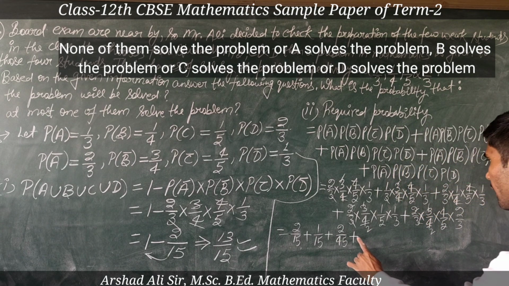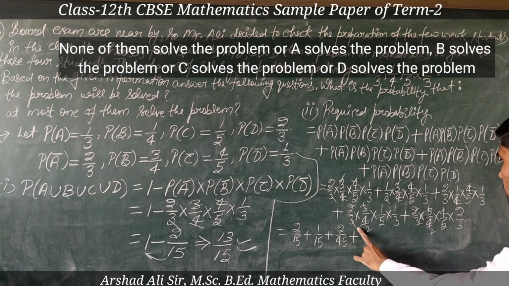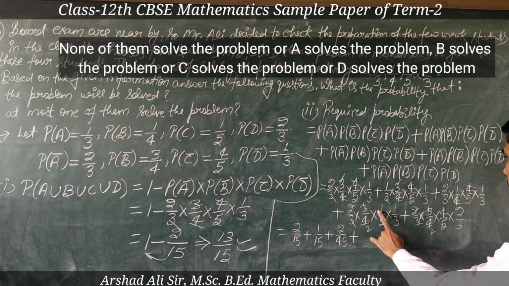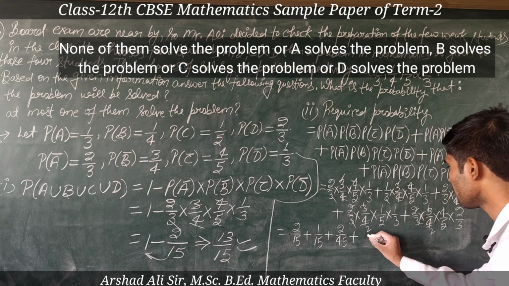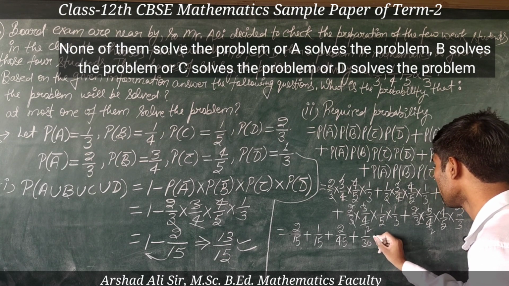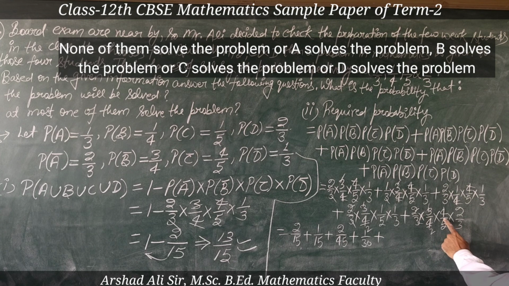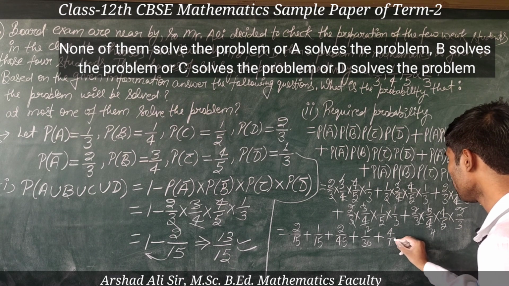Plus, here we have 1 1s are 1 and 2 5s are 10, 3s are 30, 1 upon 30 plus, here we can cancel 2 by 2, okay, so 4 upon 5 3s are 15, 4 upon 15.